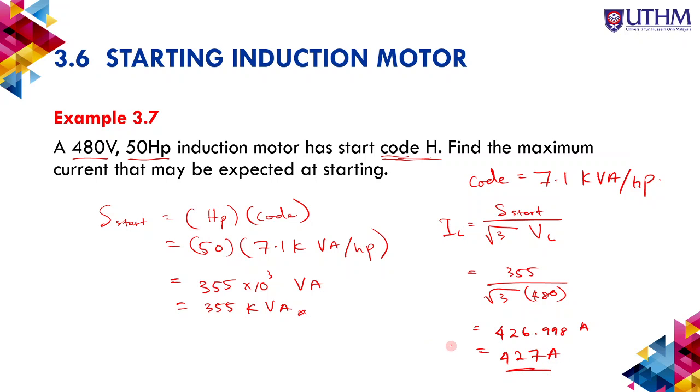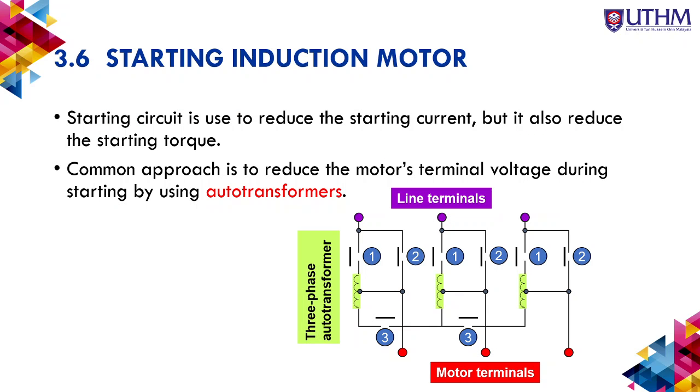So 427 ampere is very high. We need to make sure that the current flowing at starting is only at the required amount, not boosted to the highest point.